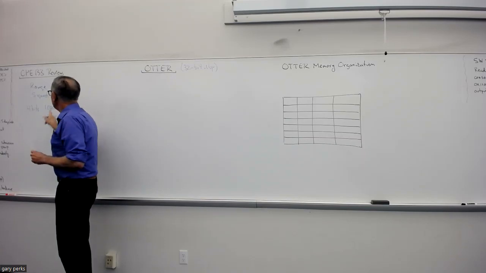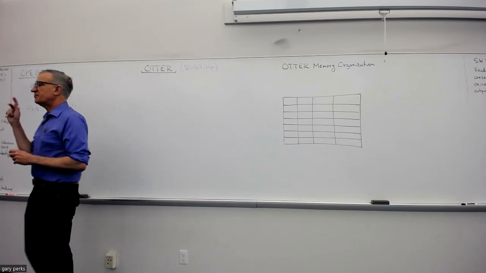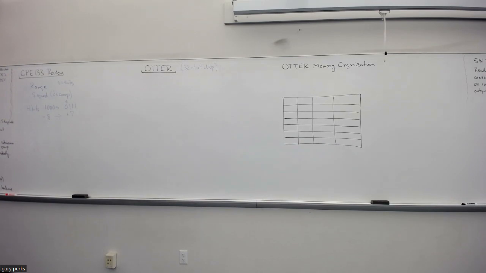Remember, that's the big advantage of two's complement over the other formats of negative binary numbers like sign magnitude and one's complement. Sign magnitude and one's complement have two values for 0: you have +0 and -0.